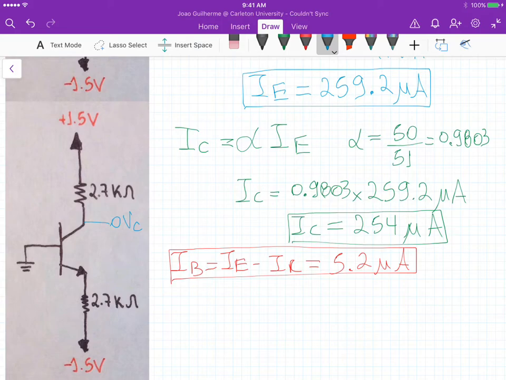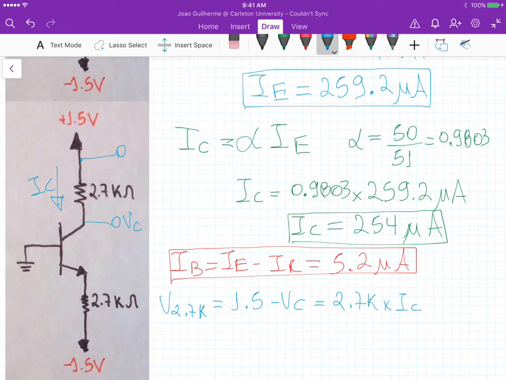Now we know this potential here is plus 1.5 volts. We know this current here, right? We can apply the same methodology that we applied on the emitter. So the voltage across the 2.7K, and remember that this is at the collector, is equal to 1.5 minus VC, which is the same as 2.7K times the collector current. So this one here we know.